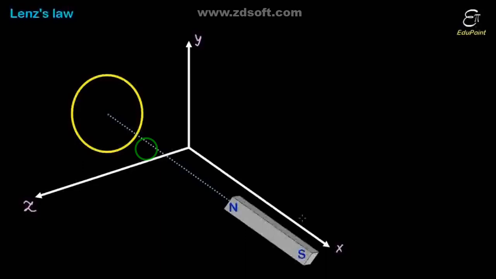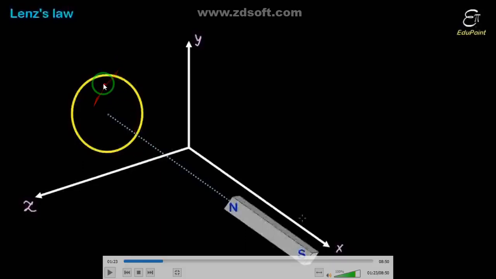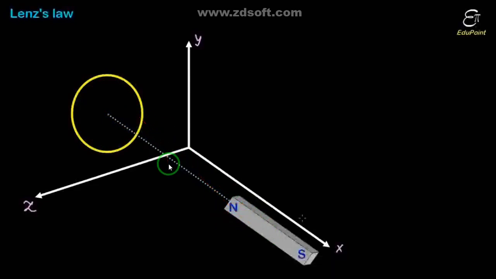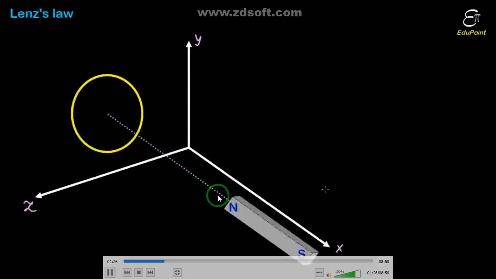Only whenever there is a rate of change of flux will EMF be induced in this conductor. For getting a rate of change of flux, we have to change the flux linkage by moving this conductor from one place to another, which I already explained in the previous video.